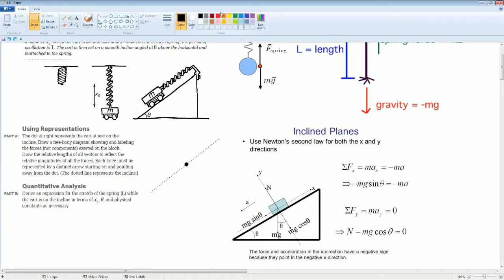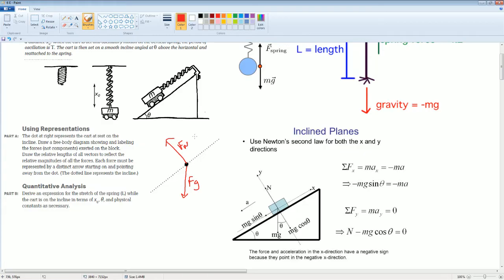Now, we have the force going down, which is the force of gravity, mg. So it goes down, force of gravity. Then you have the normal force, which is perpendicular to the surface. Then look at the spring force, right?